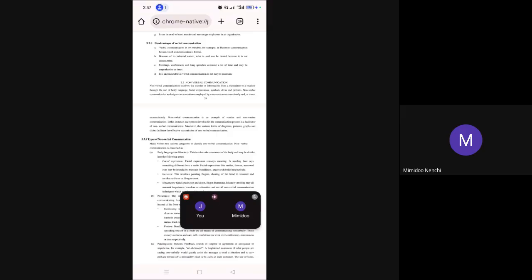Now, non-verbal communication techniques are sometimes employed by communicators consciously and at times unconsciously. We use non-verbal communication both when we are conscious and when we are not aware.